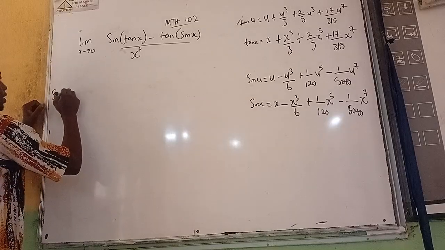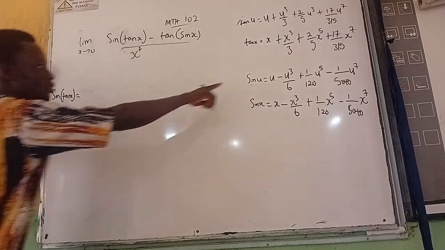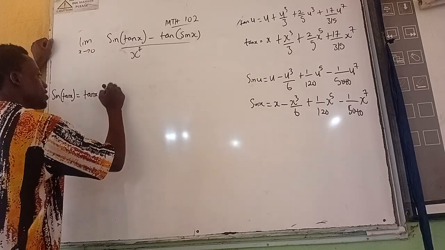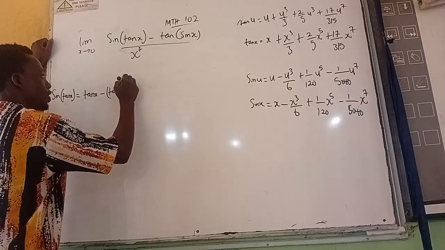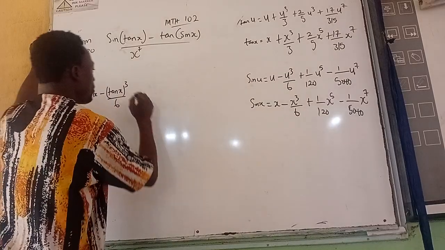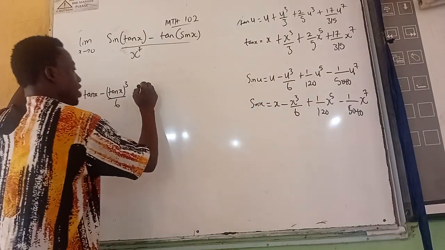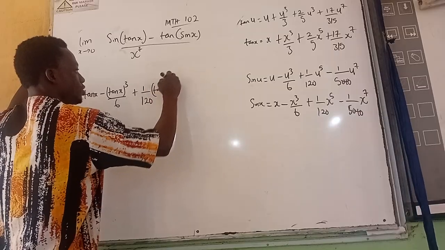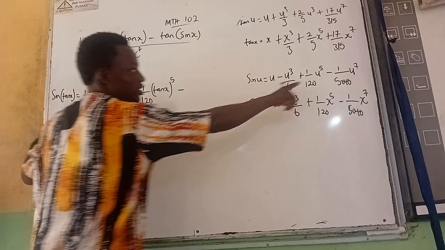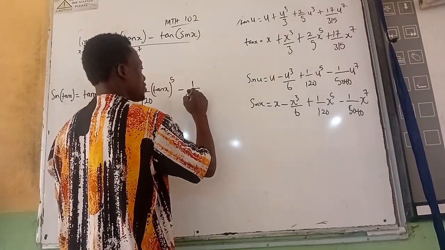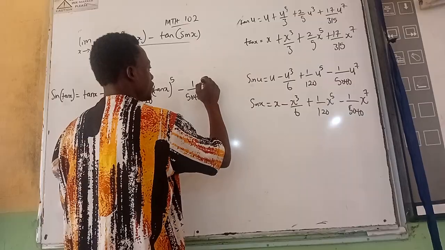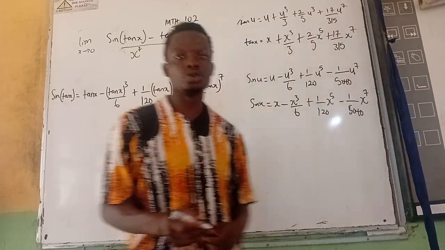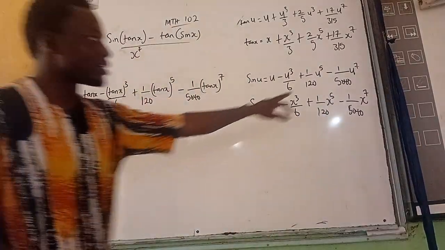Sine tan x equals u, that's tan x, minus u cube over 6, tan x all cube divided by 6, plus u5 over 120, tan x raised to power 5, minus 1 over 5040 u7, tan x raised to power 7. This series still continues, but because of this x raised to power 7, that's why I stop at 7.